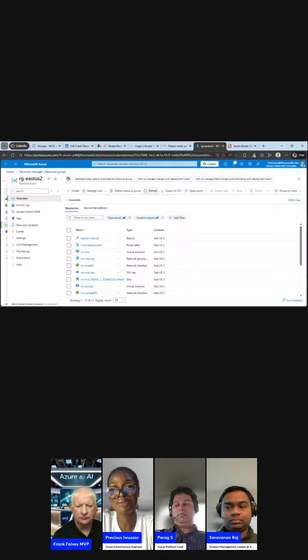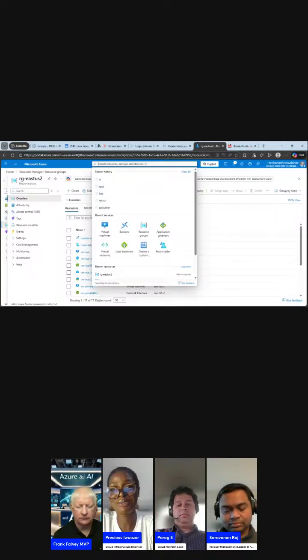The next subnet is a private subnet. Then the other subnet is a DMZ subnet for our NVA. When I say DMZ, I mean a demilitarized zone subnet, which is a subnet I use for the NVA, the network virtual appliance virtual machine.